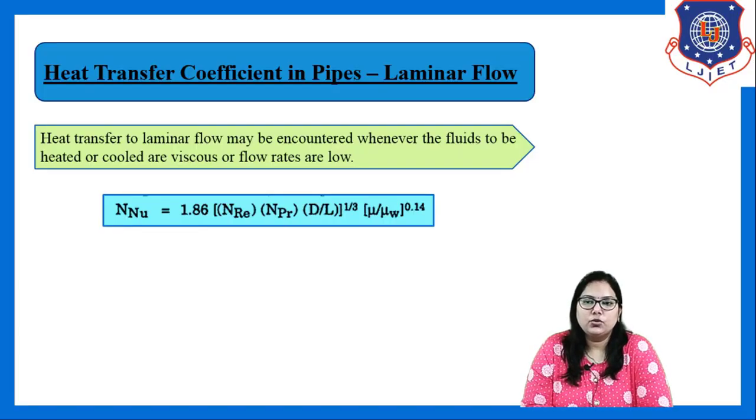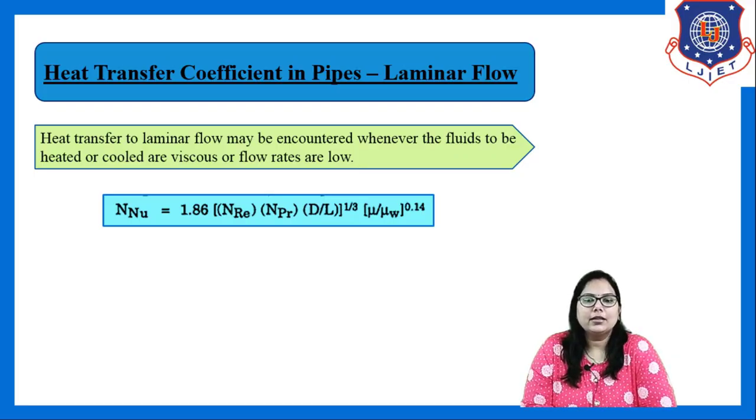Nu is equal to 1.86 into bracket NRe into NPr into D by L, whole raised to 1 by 3, into mu by mu W raised to 0.14. These dimensionless numbers we have already seen in our previous lecture: Nusselt number, Reynolds number, Prandtl number, Stanton number, like that.